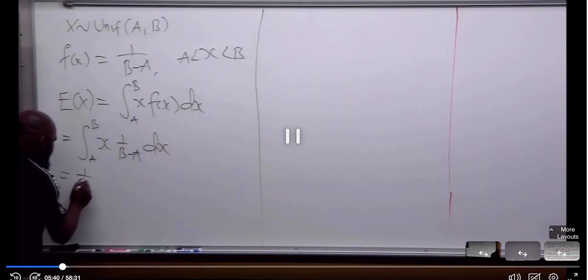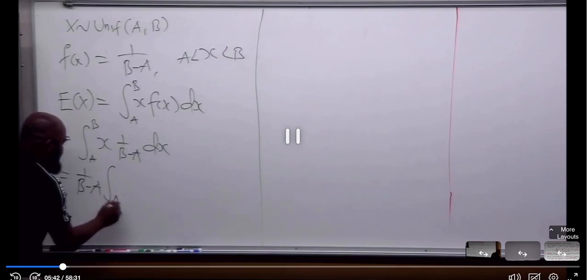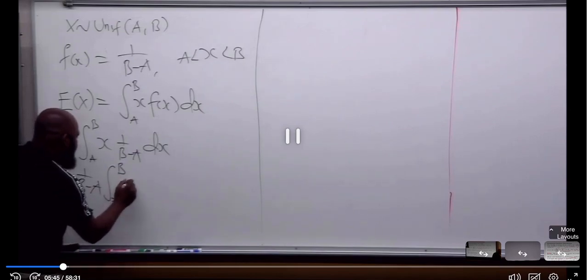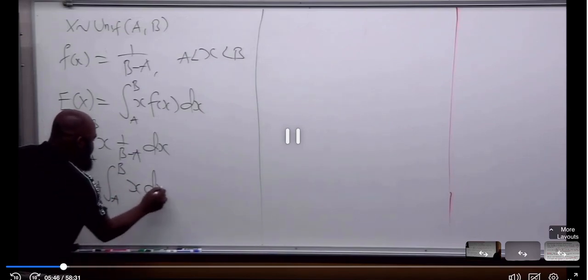So 1 over B minus A times the integral from A to B of x dx.